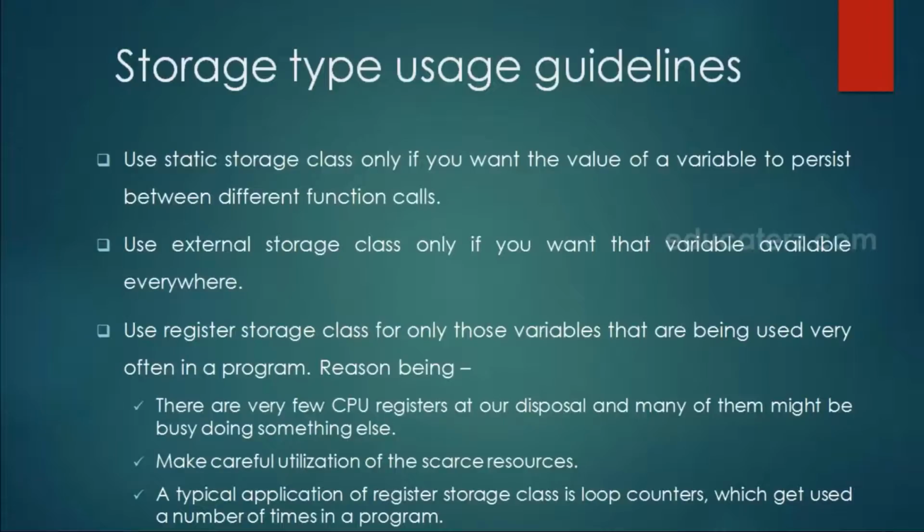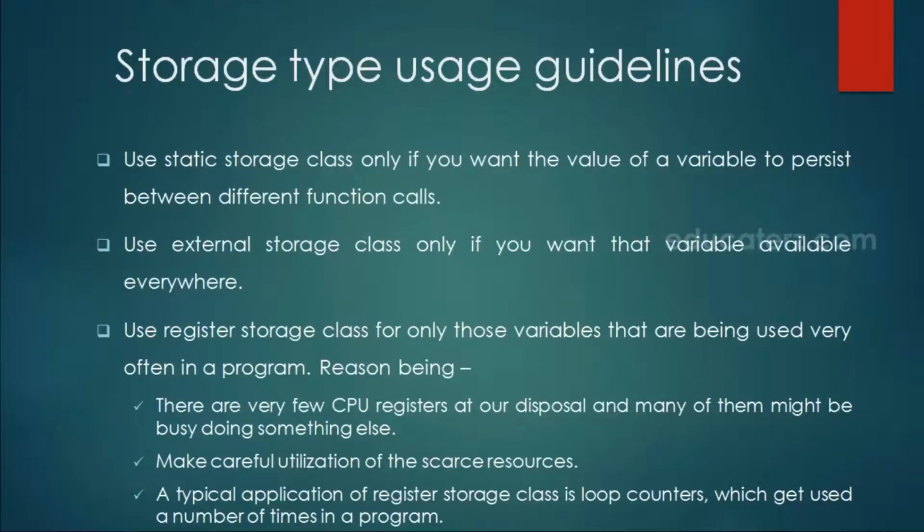Now when we talk about register storage class, we should use it only for those variables that are being used very often in a program, because CPU registers are limited. Sometimes if a register is not available, then the variable will automatically become auto type.